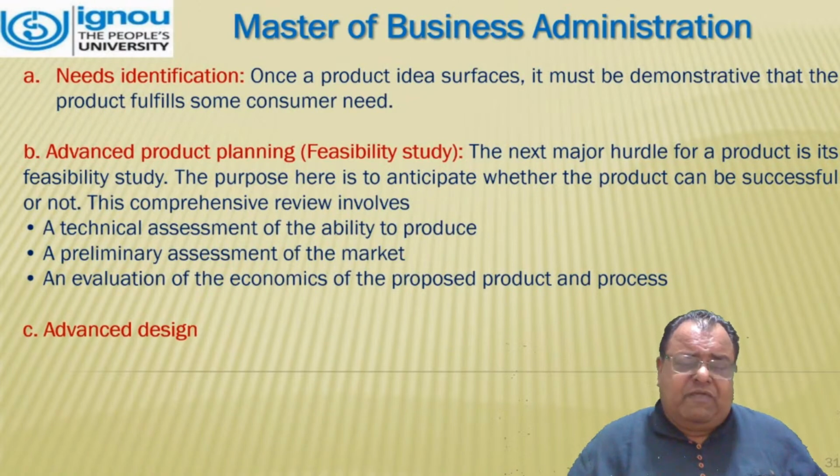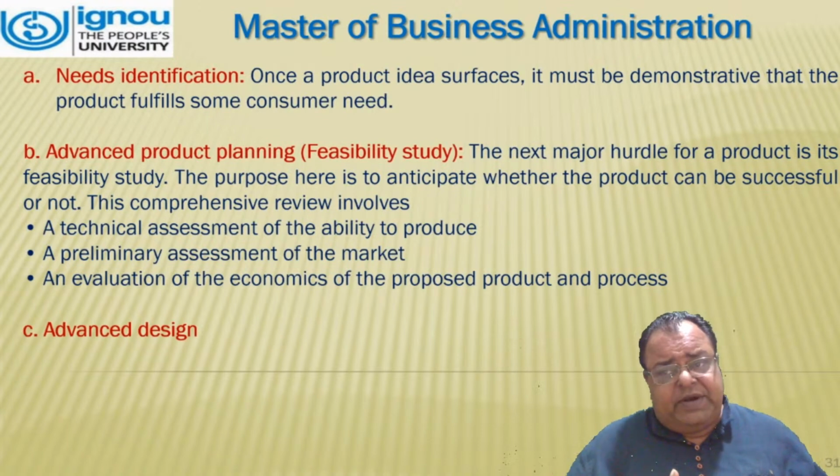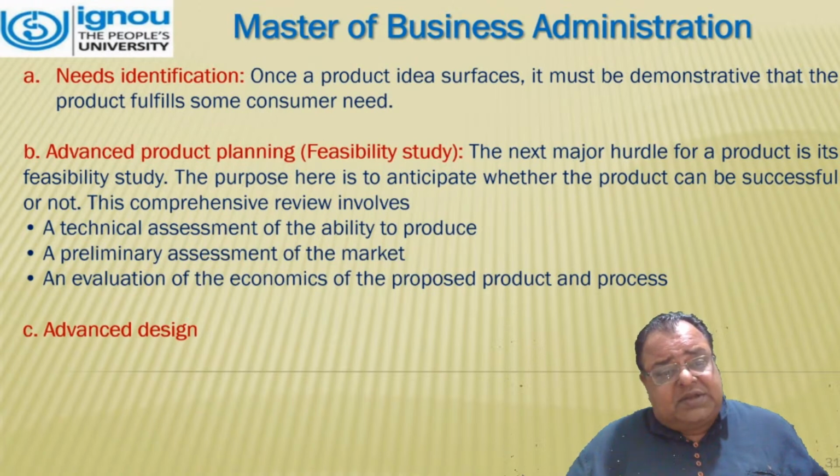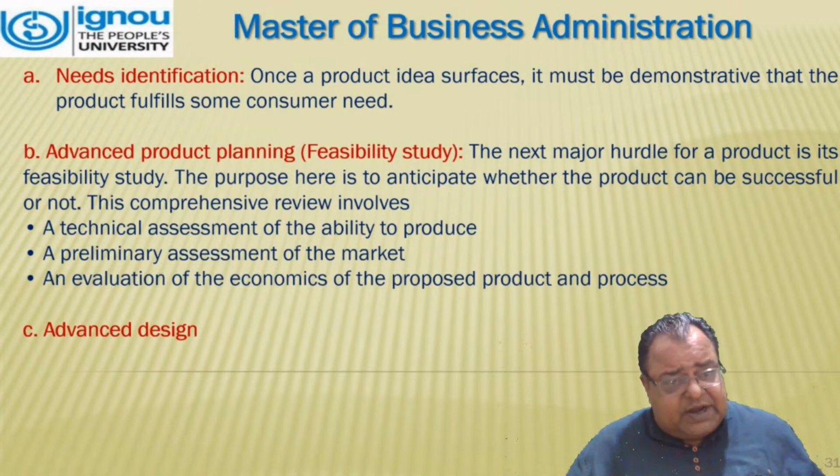What is need identification? Once a product idea surfaces, it must be demonstrated that the product fulfills that consumer need. Next comes advanced product planning, that is the feasibility study. The major hurdle for a product is its feasibility study.